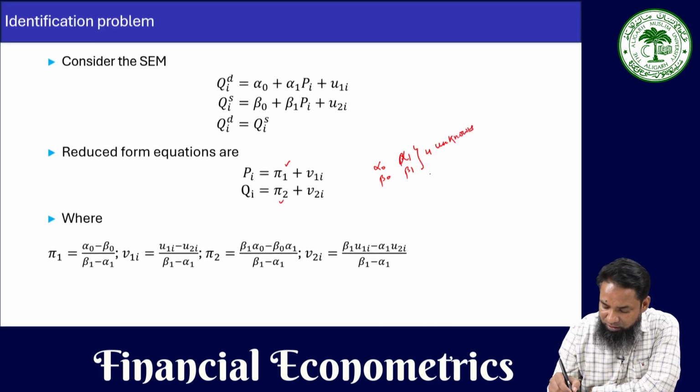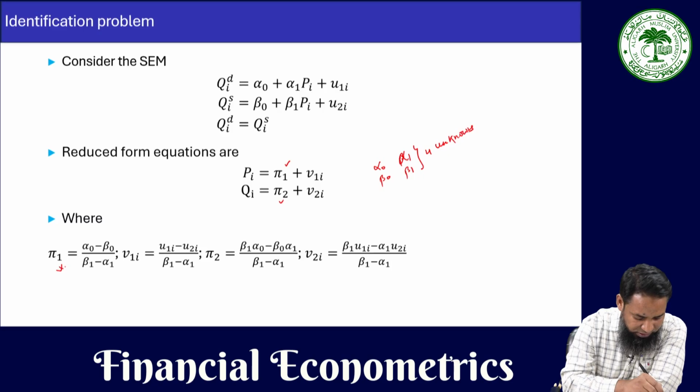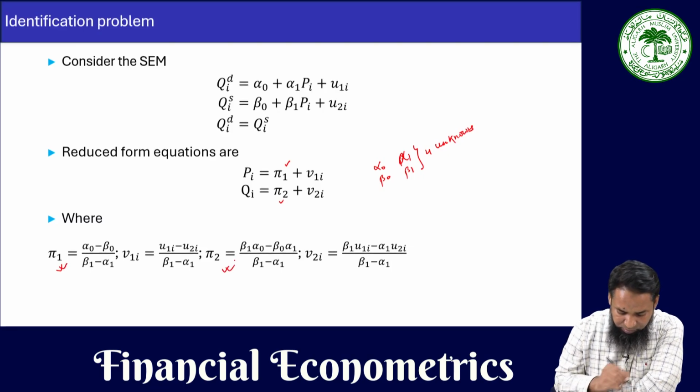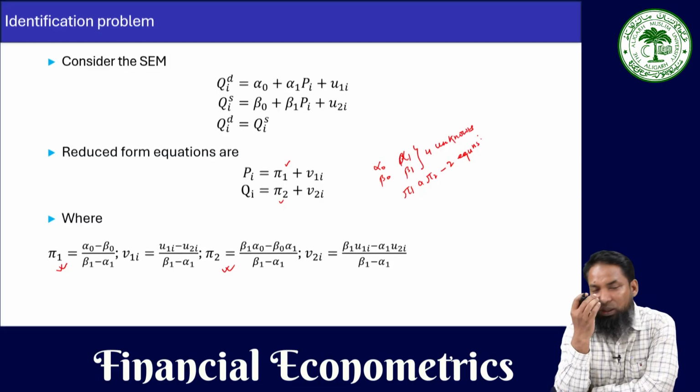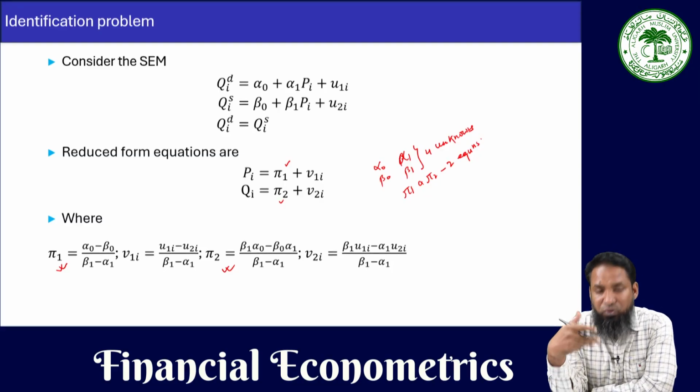However, we have two equations. One equation is this, and another equation is this. So that means 4 unknowns and 2 equations. And from basic algebra, we know that we cannot identify in such a situation.